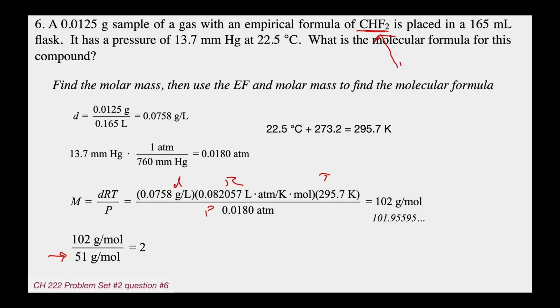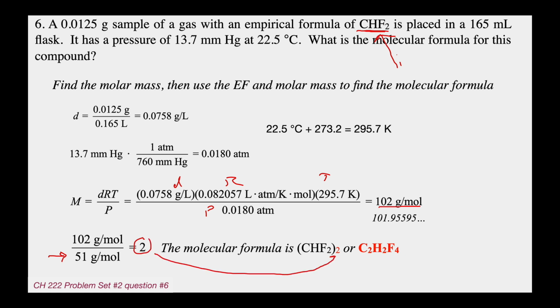And we'll compare that to the molar mass of the whole thing. If 102 on the top, 51 on the bottom, you're always going to get a whole number, no fractions. The whole number here is 2. So that means the molecular formula will be twice the empirical formula. Notice that this 2 right here is what we used right there.